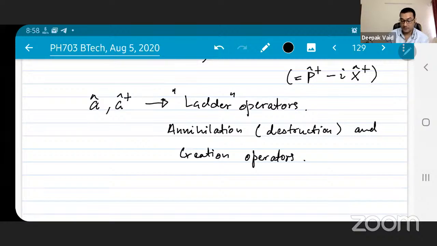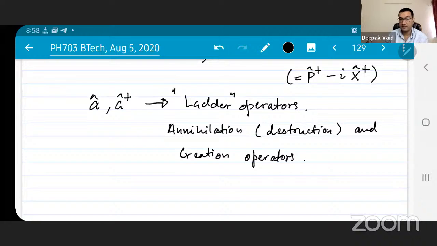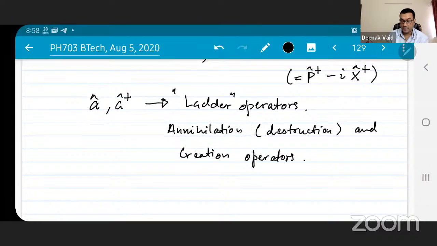Sometimes people call it annihilation, sometimes destruction. They both mean the same thing. So this operator A is identified with annihilation, and A dagger is identified with creation. What does it mean, annihilation and creation? We'll see in tomorrow's class. One creates something and the other annihilates something.